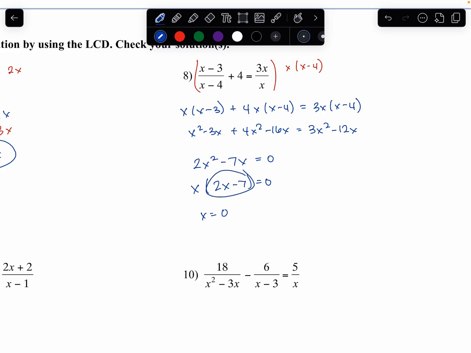Now for this one, if you want, you can just say 2x minus 7 is equal to 0, and then solve for x. So you can add 7. So you get 2x is equal to 7, divide by 2, and get x is equal to 7 halves. And there you go. That should be our two solutions there.